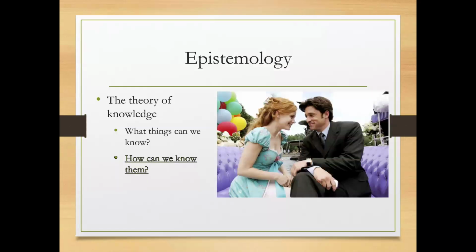And we're going to start with the topic of epistemology. Epistemology is formally called the theory of knowledge. What does that mean? Well, it is about studying what things can we know and how do we separate those from things that are unknowable. All right. And then when we decide that there are some things we can know, how can we know them?